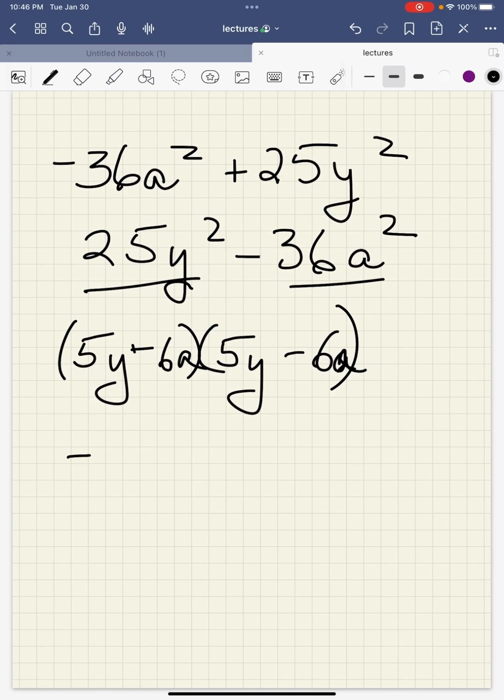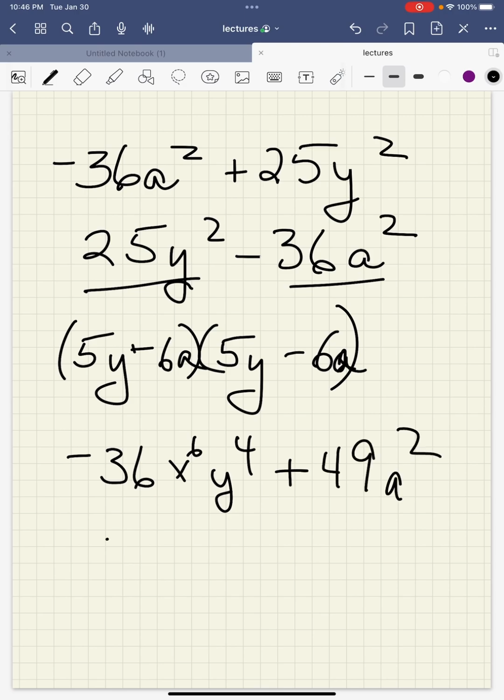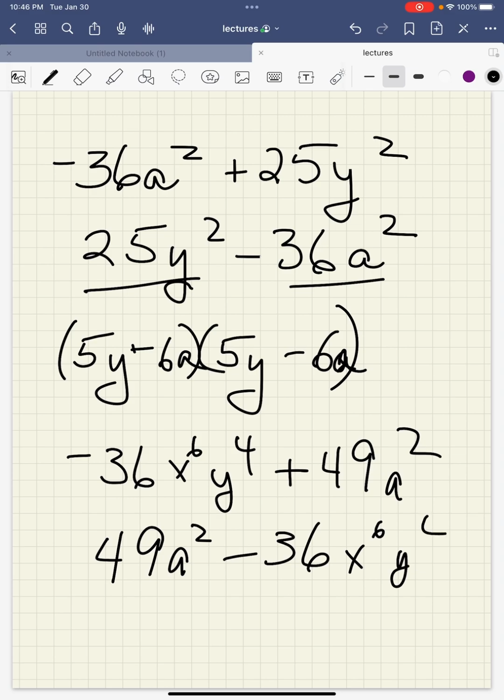Minus 36x to the 6th y to the 4th plus 49a squared. You don't have to copy it in this order out of the book. You could have copied it as 49a squared minus 36x to the 6th y to the 4th. We know the square root of the first one is 7a.